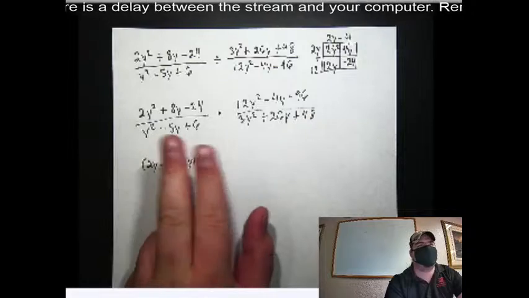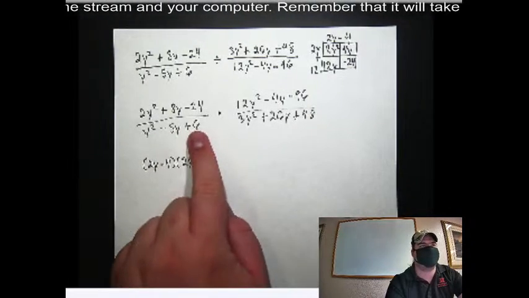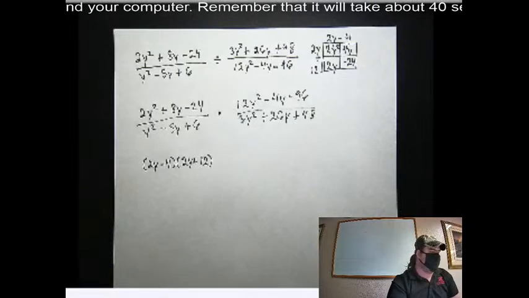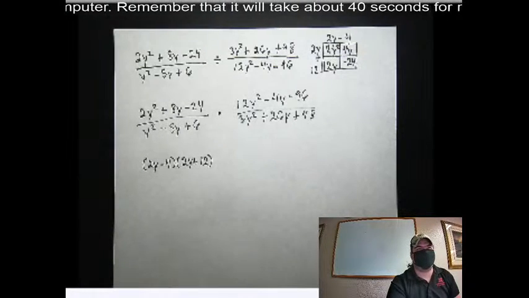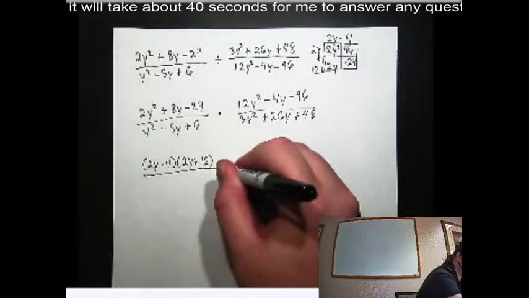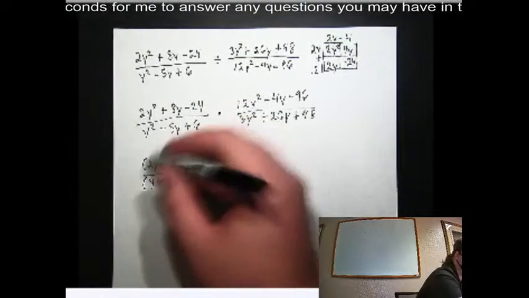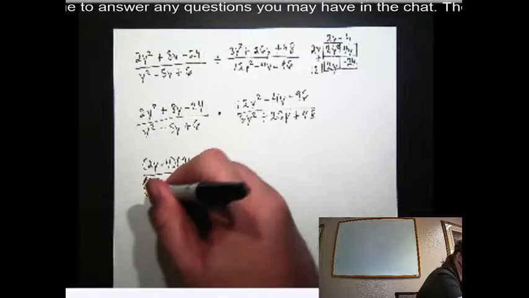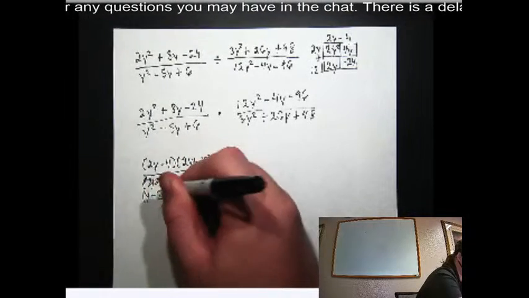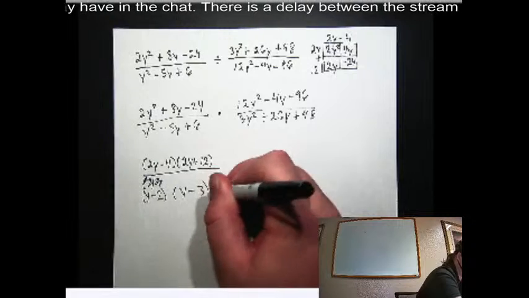So negative 3 and negative 2 will combine to give us negative 5, but multiply to give us positive 6. And our leading coefficient is positive 1, so we don't even need to use the box method on this one. We can just say that it is y minus 2 and y minus 3.